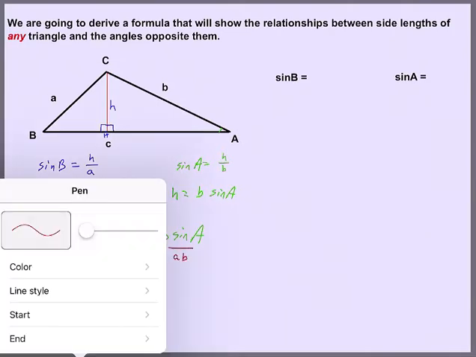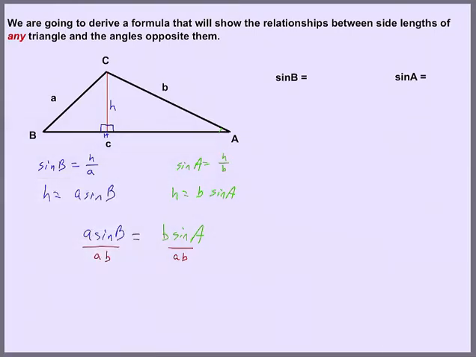Then on the left-hand side the A's cancel out and we're left with sine of B over B, and on the right-hand side the B's cancel out and we're left with sine of A over A. If we would have set this up the same way, but instead drawn an altitude like this, so that angle C would have been an angle that we looked at, we would have come up with the same equation with angle C inside.